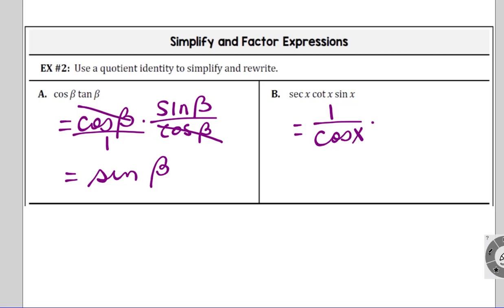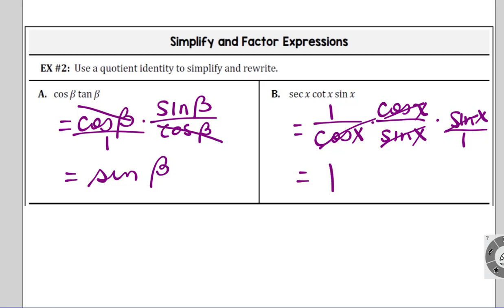Cotangent is what? Cosine x over sine x. And then we've got sine x, which we can think of as being over 1. And so the sine x's cancel, the cosine x's cancel. We're just left with 1.